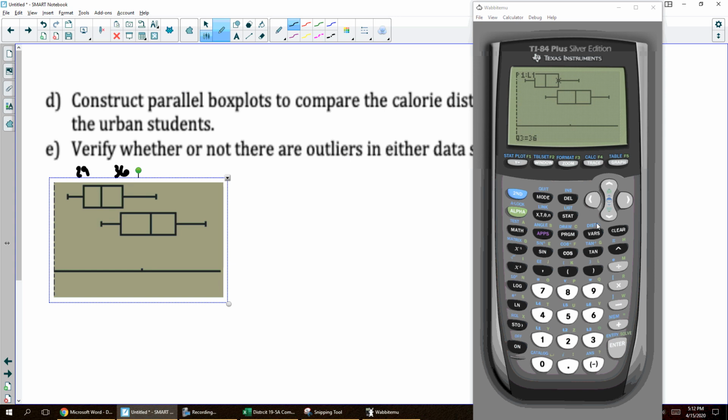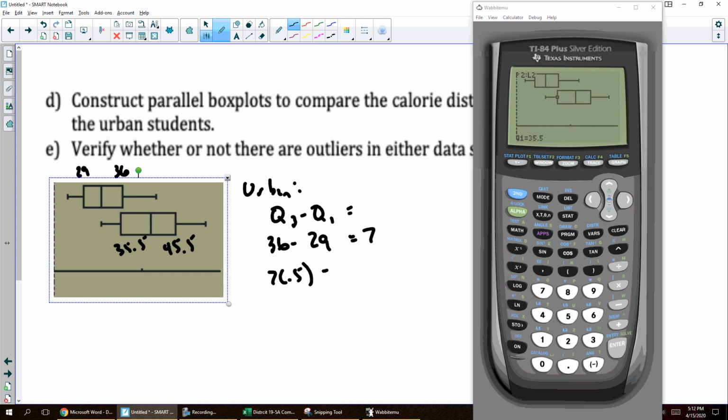And then I check out my other one. I've got 45.5 and 35.5. So for set 1, the set on top, that is going to be the urban group. So the urban group, I'm going to take Q3 minus Q1, which is 36 minus 29, which is 7. I'm going to multiply that by 1.5, which is 10.5.